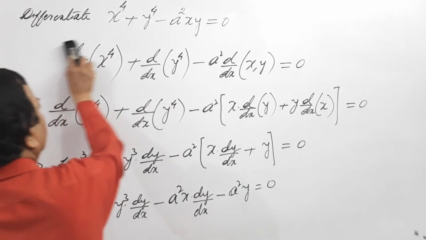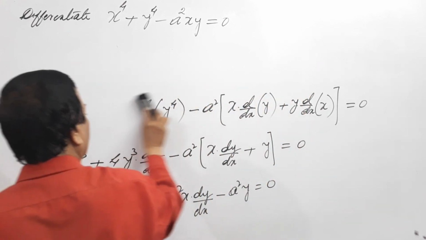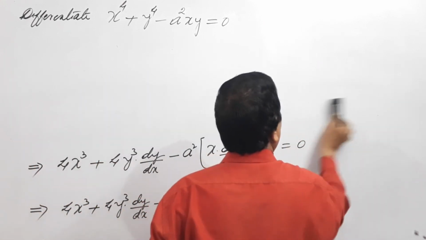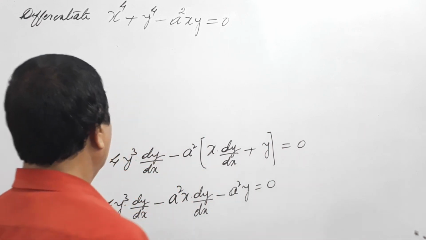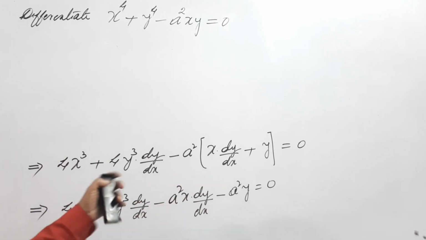I'll group the dy by dx terms on one side and transfer the remaining to the right hand side.